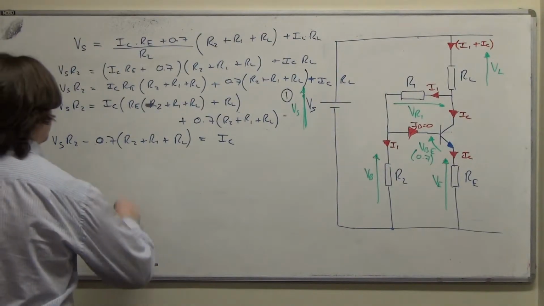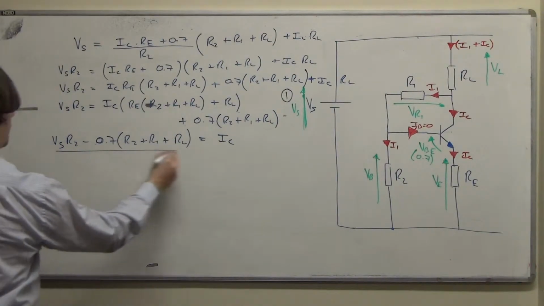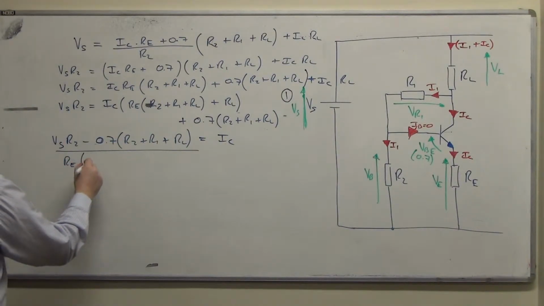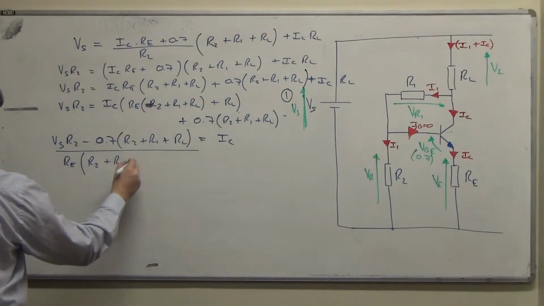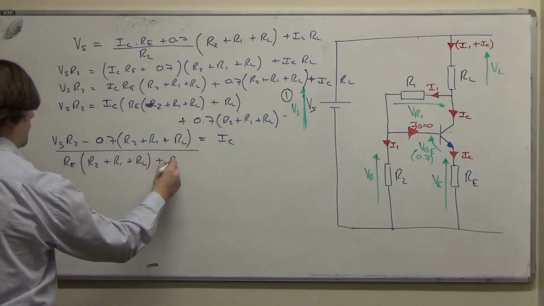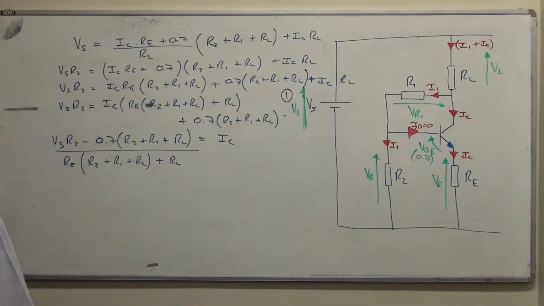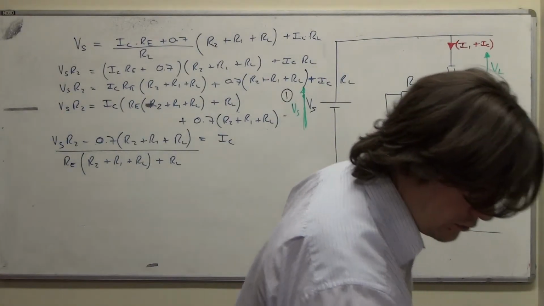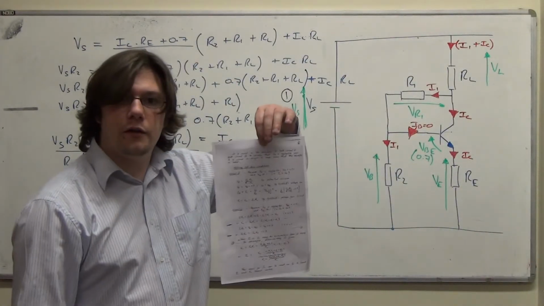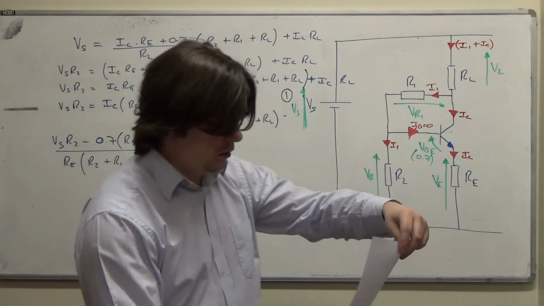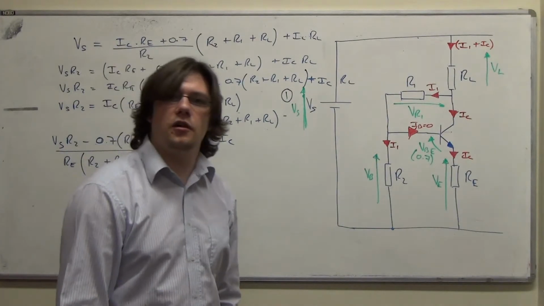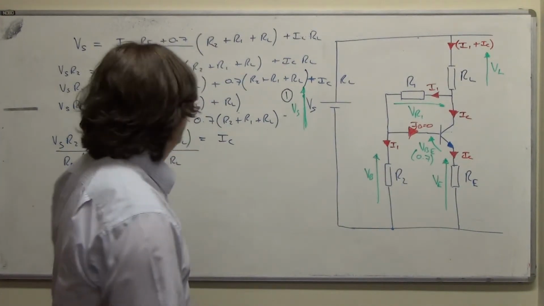So what I'm going to do is just divide through by this to give me RE R2 plus R1 plus RL plus RL, which is very nearly the form that's given in the handout. When I say the handout, I'm talking about the handwritten handout, or if you're watching this as a repeat on Dave, there should be a typed up one eventually when I've written it out.